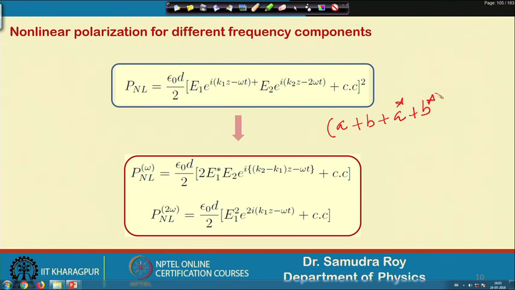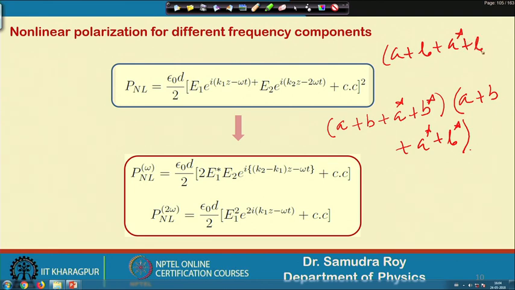It is something like this: A plus B plus A star plus B star, squared.